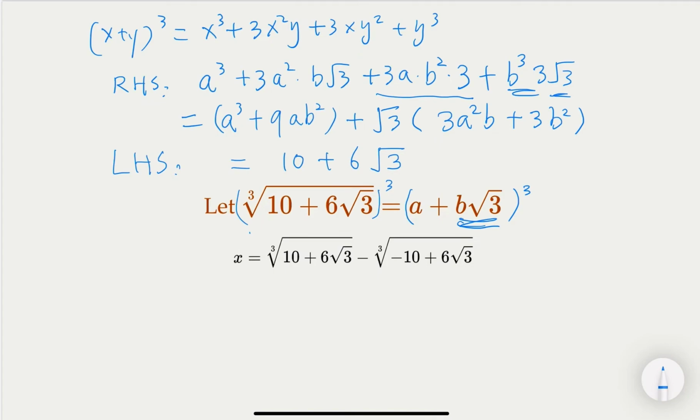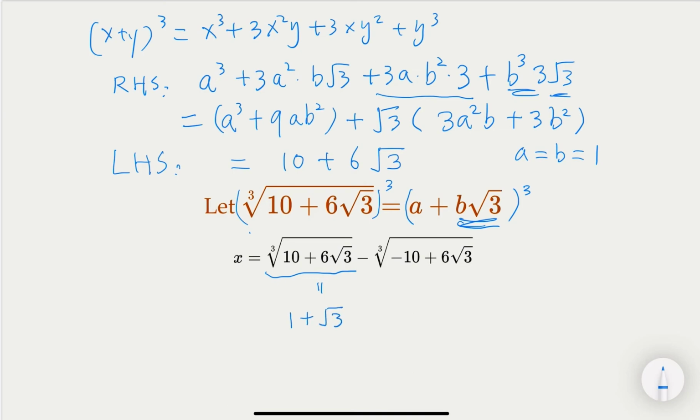Okay, so we have good luck here: a equals b equals 1. So we just found out that if you plug in a equal to 1, b equal to 1, both sides match up, so the first term is actually equal to 1 plus square root of 3.